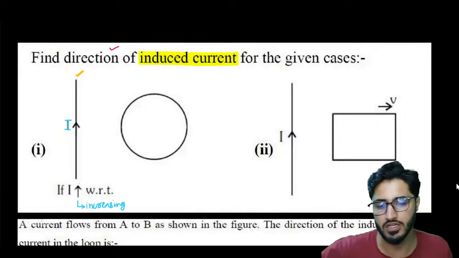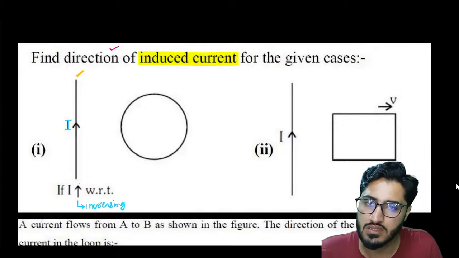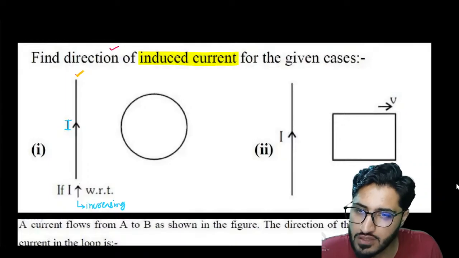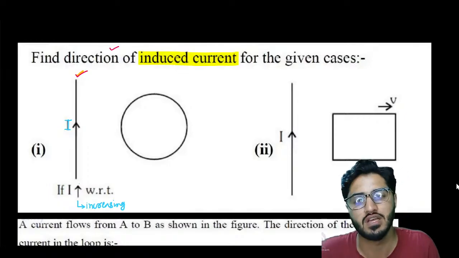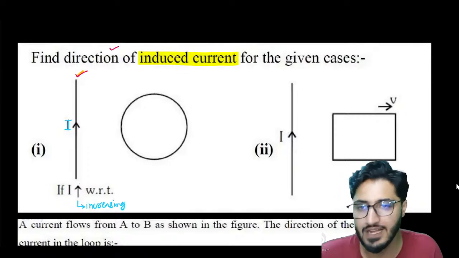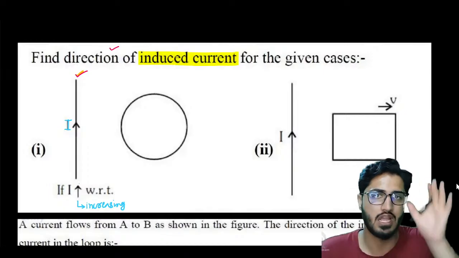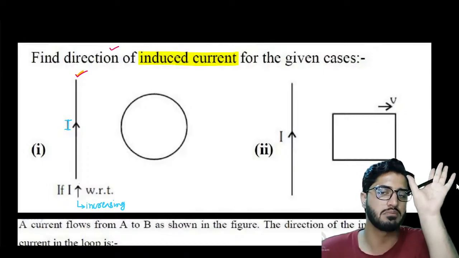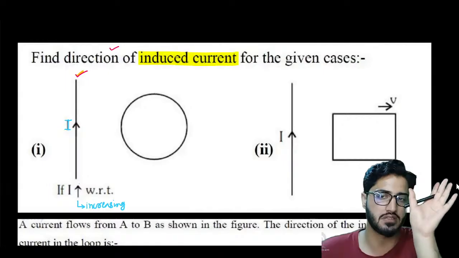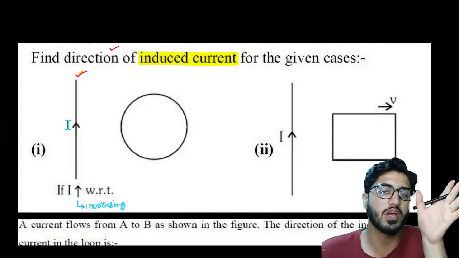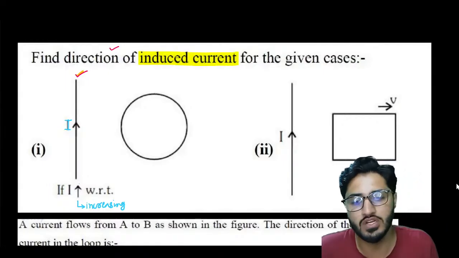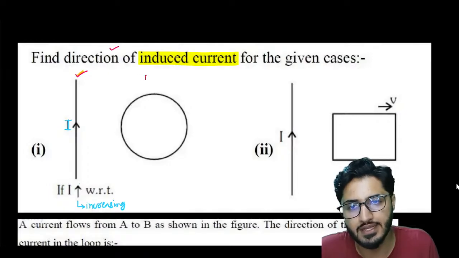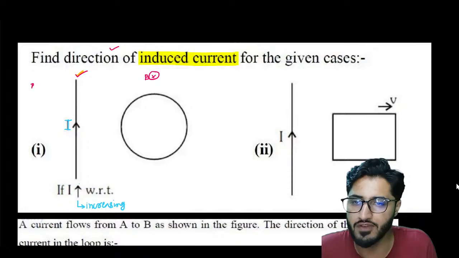Now, if the current is flowing through this wire and it is increasing, what will be the magnetic field around this wire? Take your right hand, take your thumb in the direction of current, stretch your fingers where you need to find the magnetic field. So on this side the magnetic field will be inwards and on this side it will be outwards.